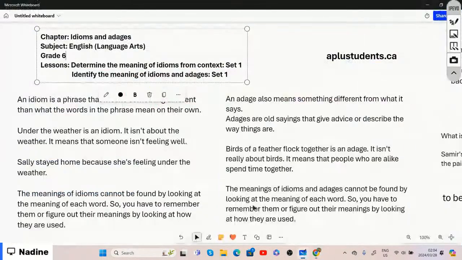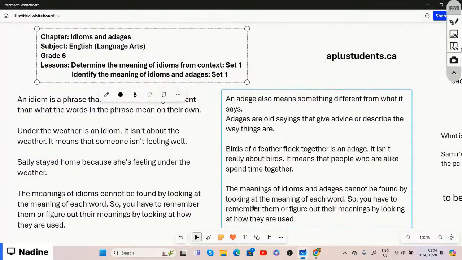All right, so our chapter is idioms and adages. The subject is English language arts, grade 6.